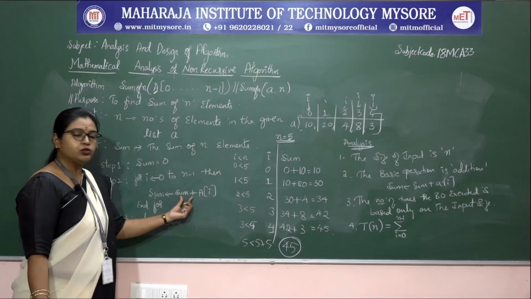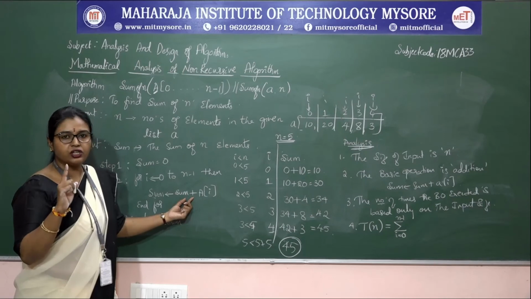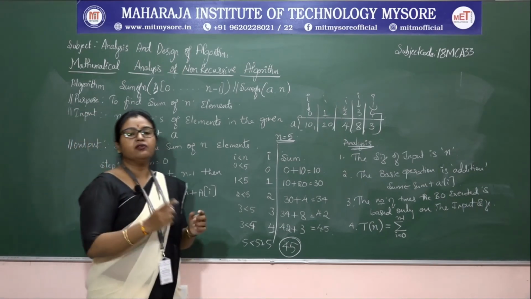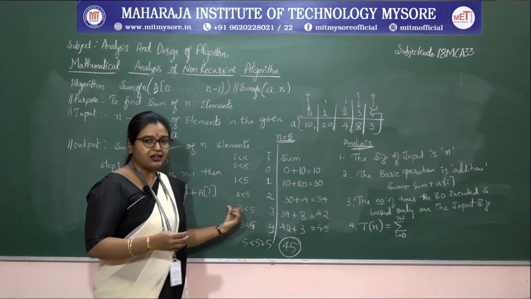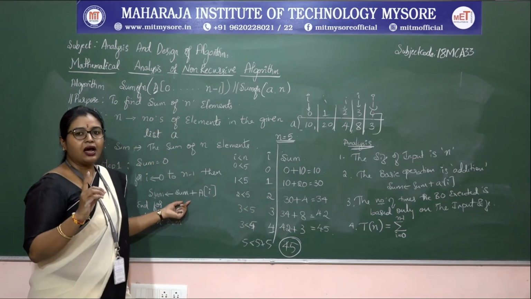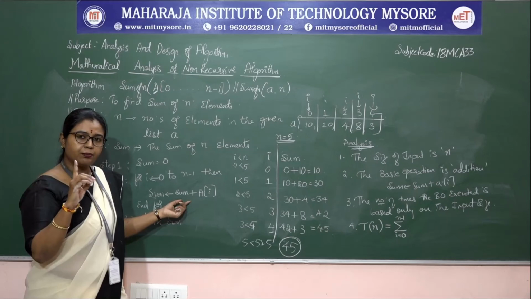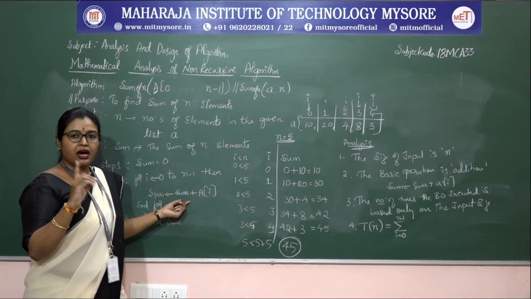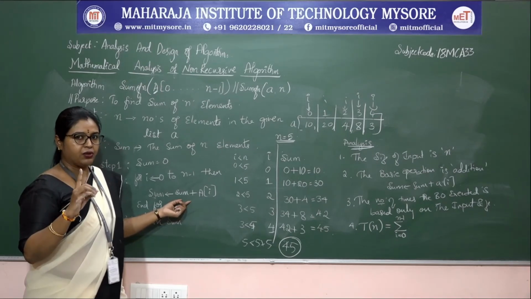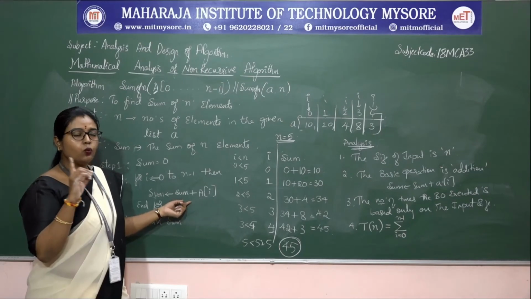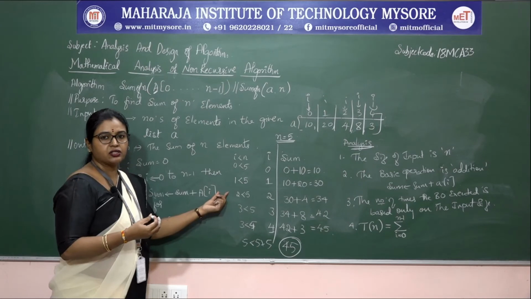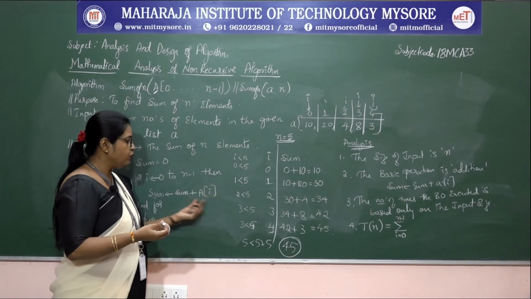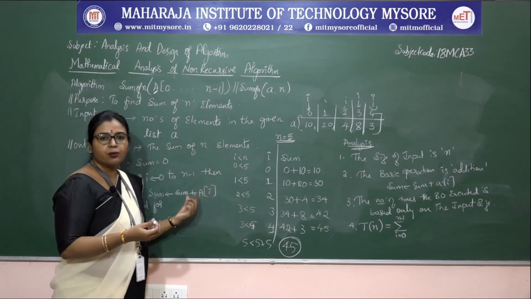It is going to take 1 unit of time. Since we are calculating theoretically, for 1 addition we take 1 unit of time. For each iteration it takes 1 unit of time. If you have one more addition or subtraction operation here, you need to count the number of operations we are performing.